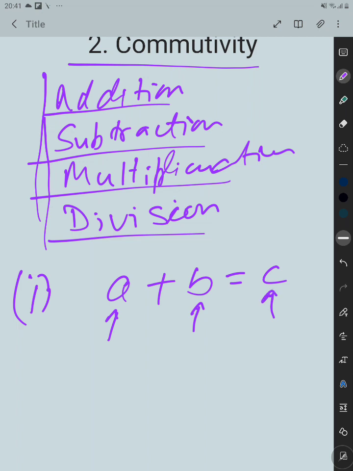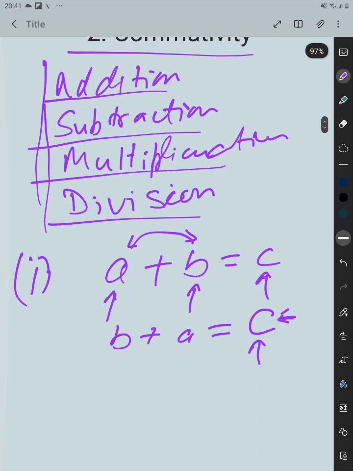But if we interchange their positions, meaning b plus a, what comes? Does it come c or some other number? If it comes c, then it is said to be commutative. Commutative means if places are changed, the result remains the same. This is the simple explanation.